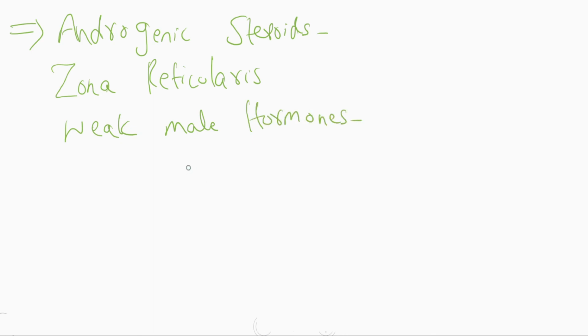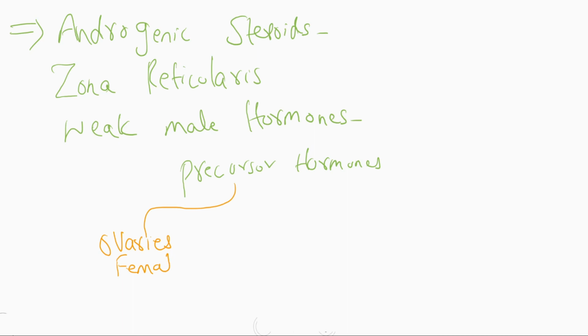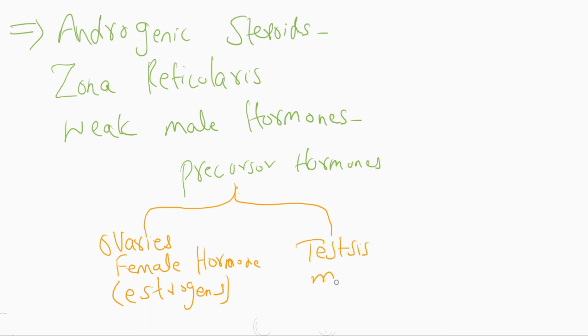These are precursor hormones which are converted in the ovaries into the female hormones, estrogens. In the case of males, they are converted in the testes into male hormones, androgens.